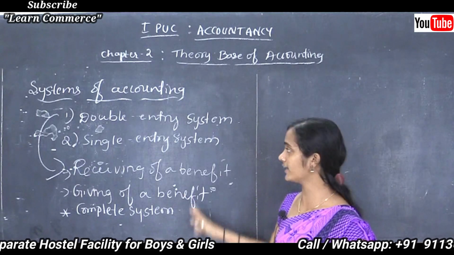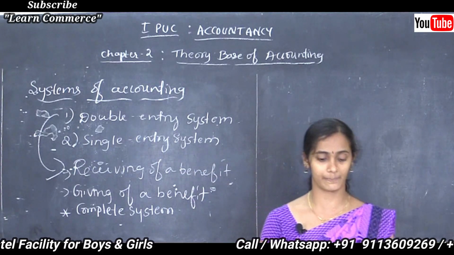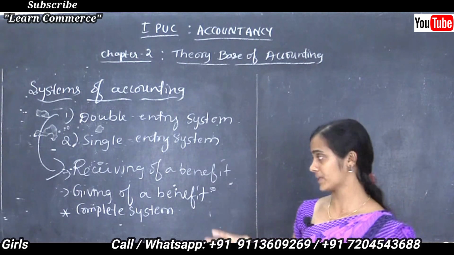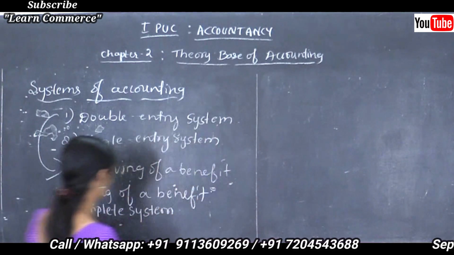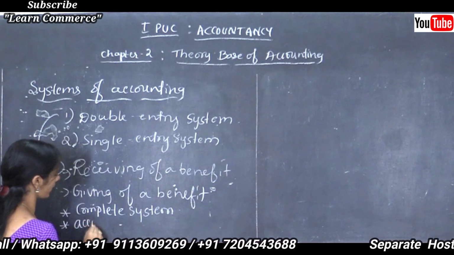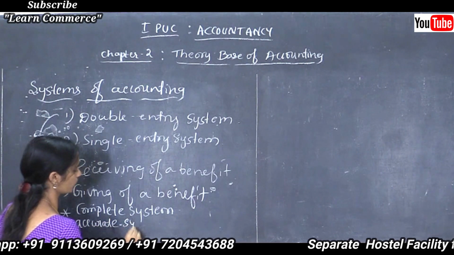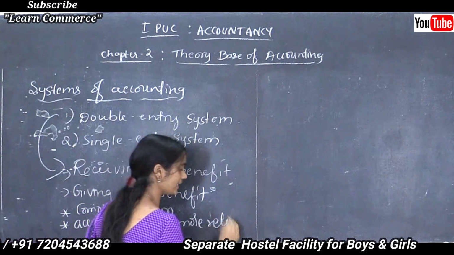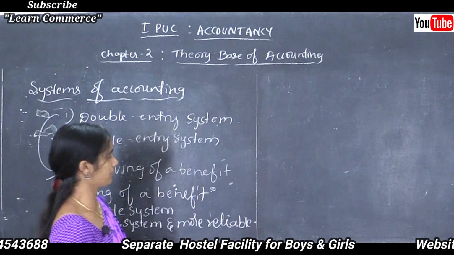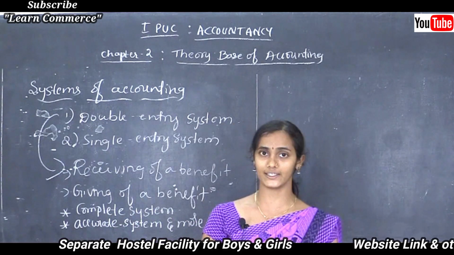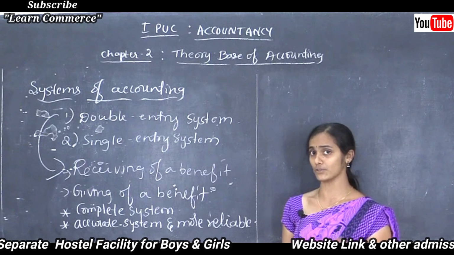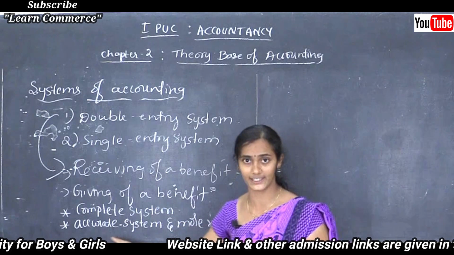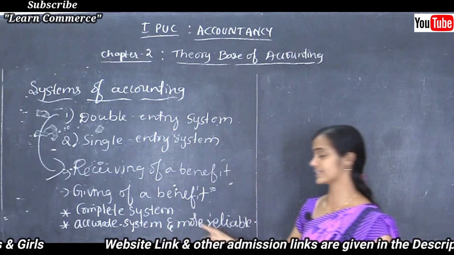The information provided under the double entry system can be relied upon. If the organization follows the double entry system, we can believe such information because it provides complete and accurate information.